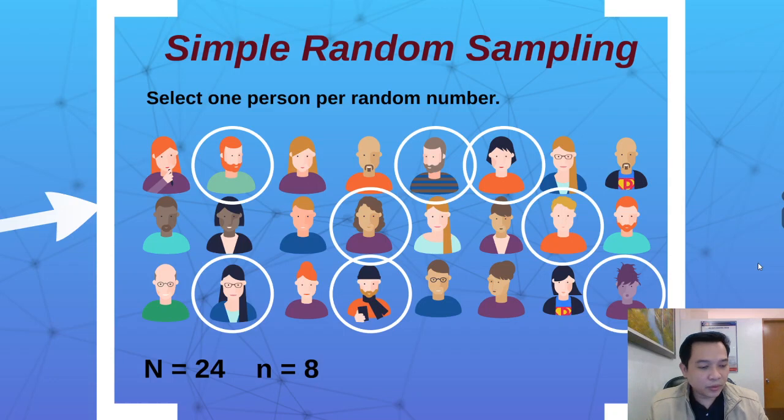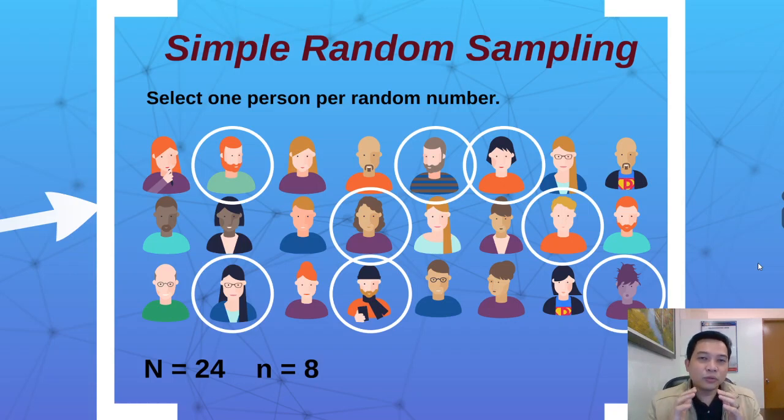Let's say you did Slovin's formula, and out of Slovin's formula, it told you to have, let's say, a sample size of 24 participants. Now, out of the 24, let's say, population, Slovin's formula told you to extract or select 8 as your sample size.